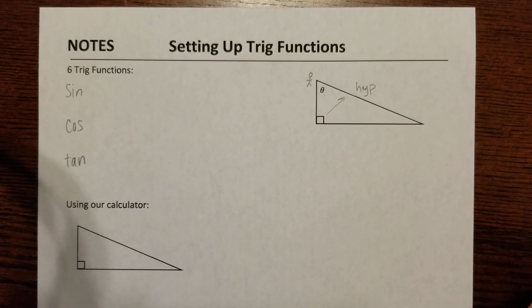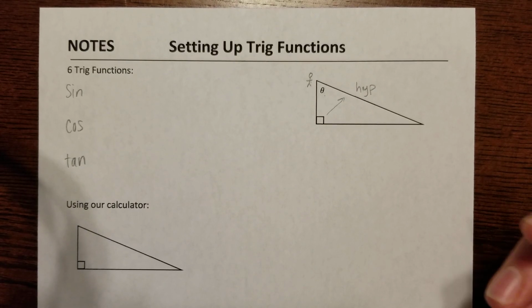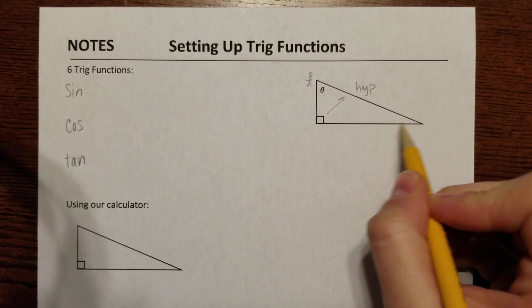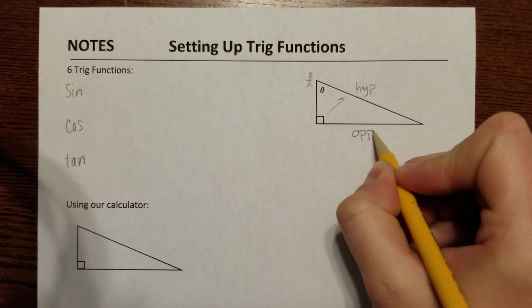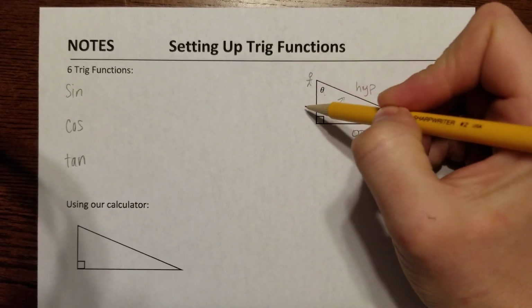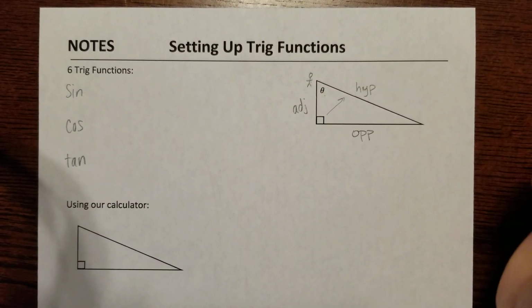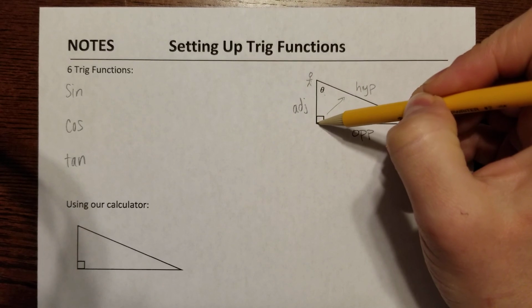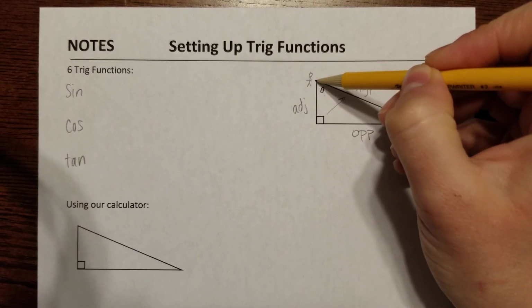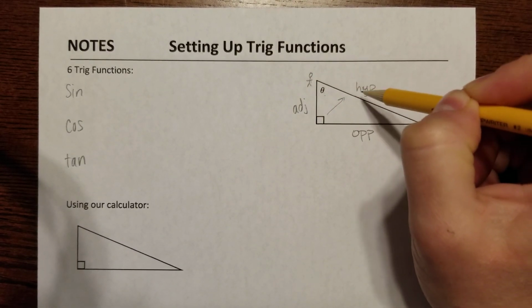It's the side that is not making up your reference angle. In this case, my horizontal side is my opposite side, which means my third side, the only side I have left by process of elimination, has to be adjacent. Your adjacent side is always the side that helps make up your reference angle but is not your hypotenuse.